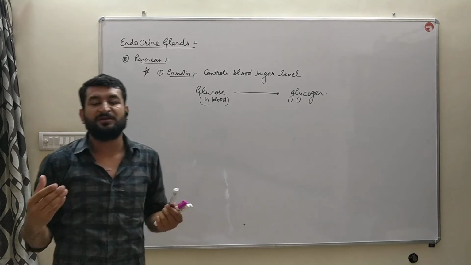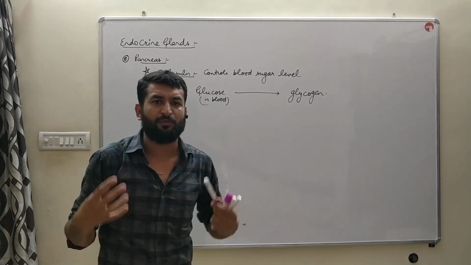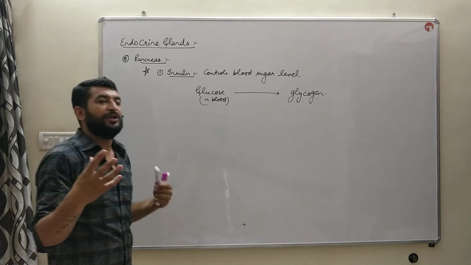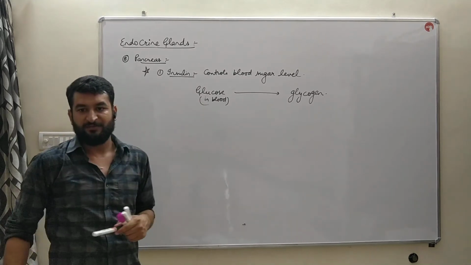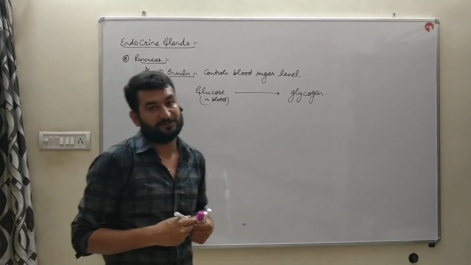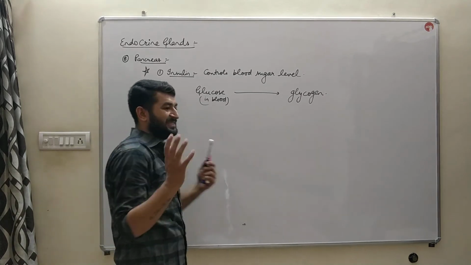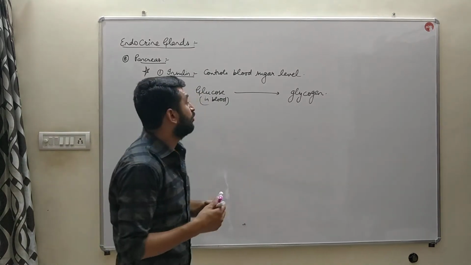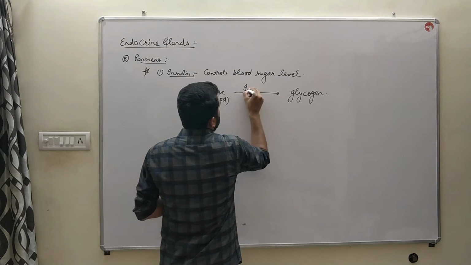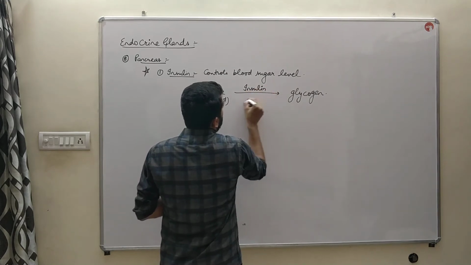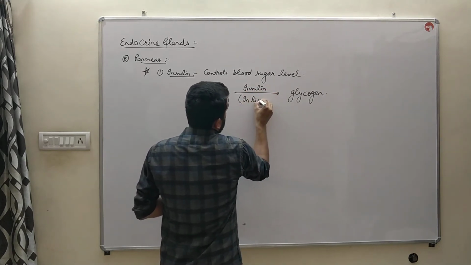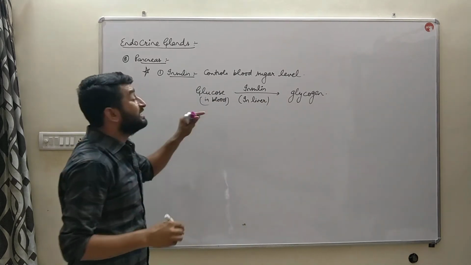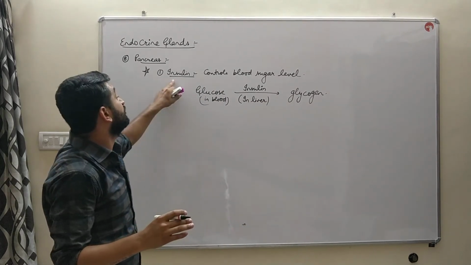In human beings or in animals, the energy derived molecule present in the body is glycogen, which is the stored food of animals. So the excessive glucose in the blood is stored in the form of glycogen by the help of insulin in liver. So bachche, the target organ of the insulin is liver.